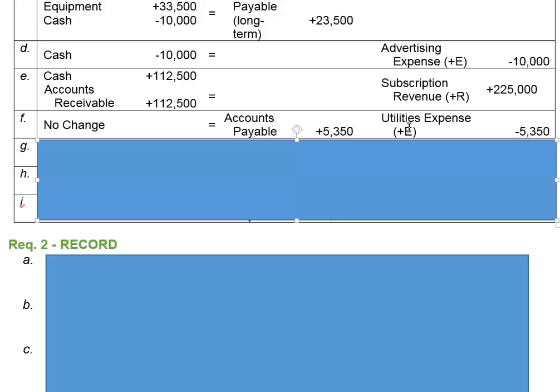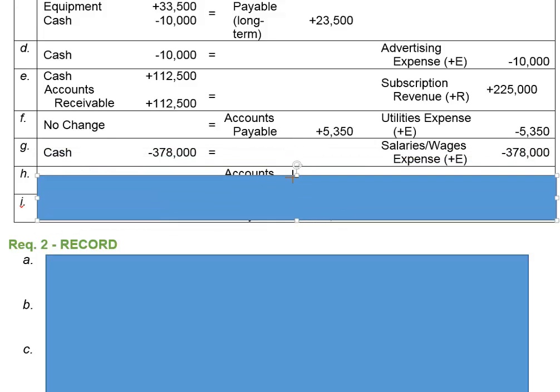So we're going to incur the expense, which increases expenses, which decreases your shareholders' equity, and we're going to increase our liability. So we've got liabilities on the right-hand side of the equal sign going up and shareholders' equity going down. So the right-hand side of the equality at net is 0 and no change in the asset side, so everything is in balance.